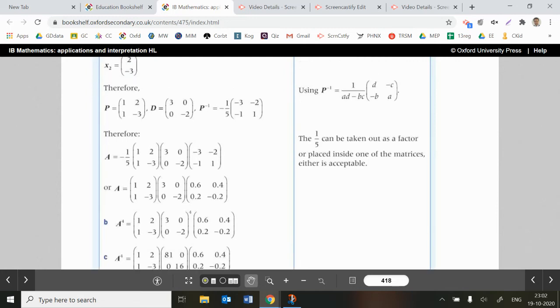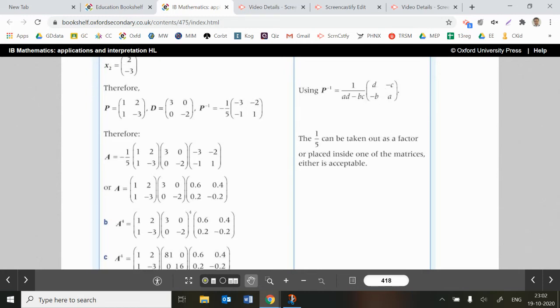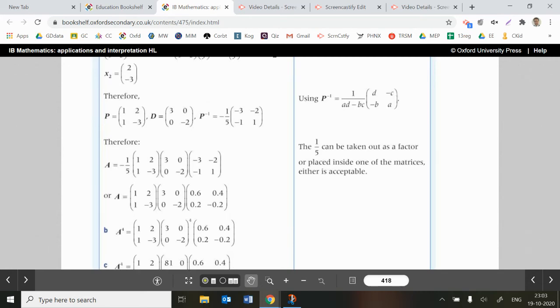Again, they've used the same formula which we keep using here, which you need to have a lot of practice with, which is 1 over the determinant of P, and then switch around D and A, and then make your B and your C negative. Now, I'm not liking the look of that one, because in fact, they've messed that formula up, because that should be minus B there and minus C there.